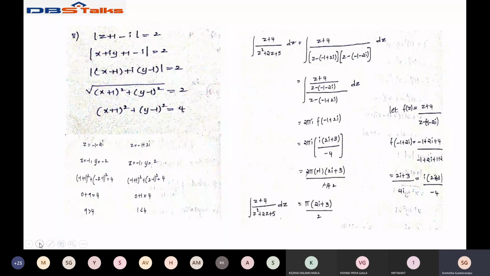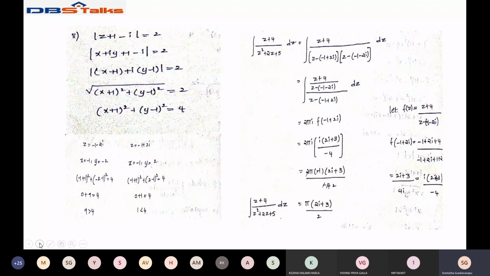The singularity value is 9, which is greater than 4, so the singularity z = −1−2i is outside the circle, and this is the outside integral value.